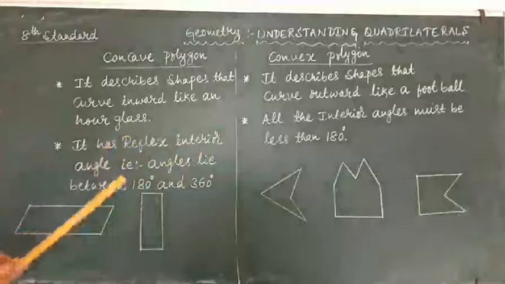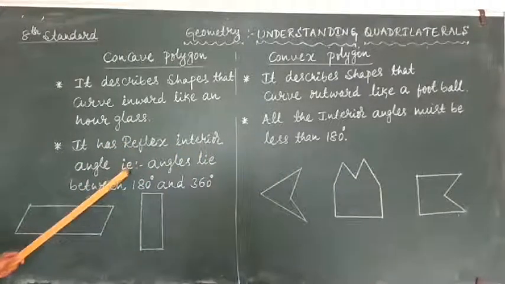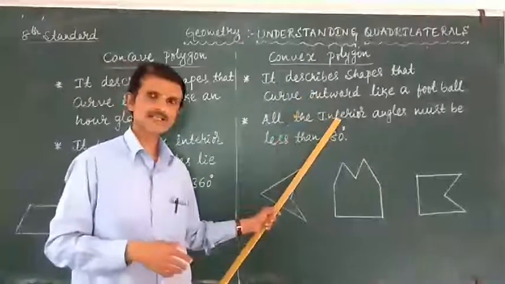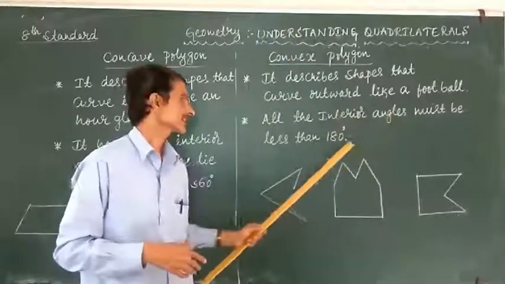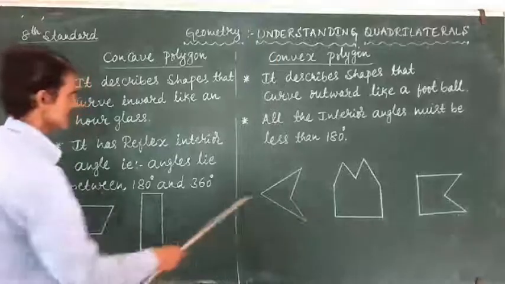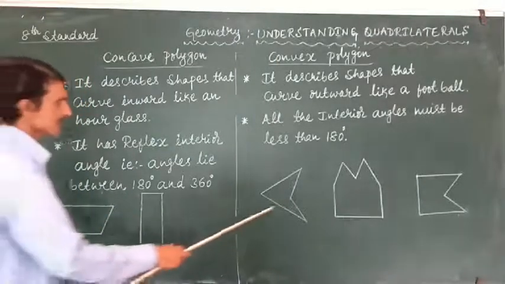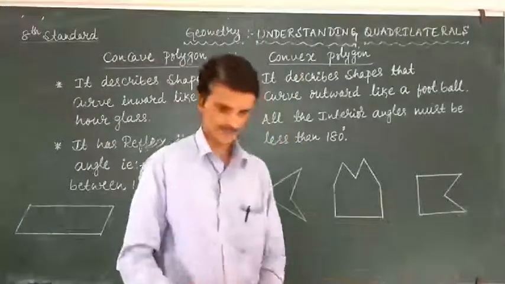In concave polygons the interior angles are reflex, that means they lie between 180 degrees and 360 degrees, whereas in a convex polygon all the interior angles must be less than 180 degrees. The examples for the concave polygon are these, and the examples for the convex polygon are those.